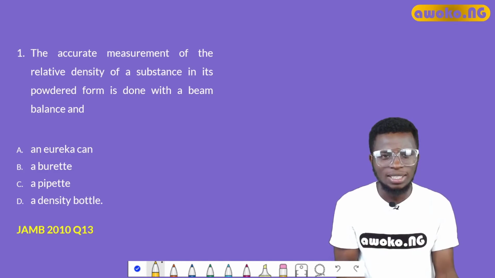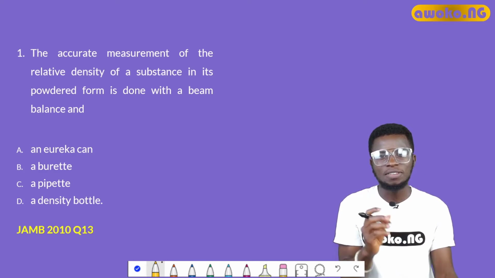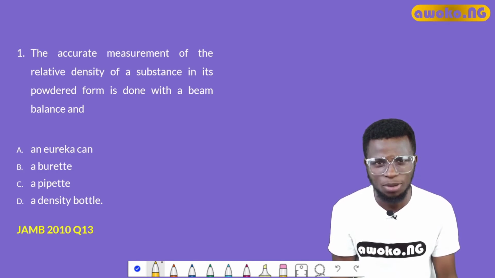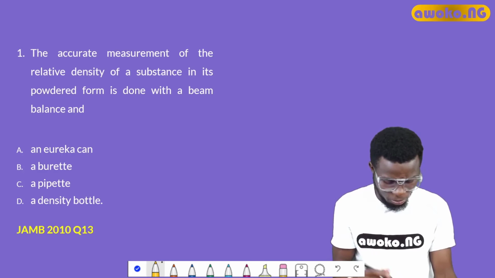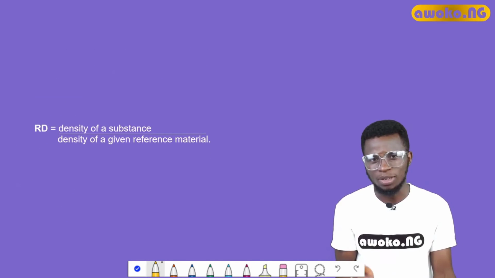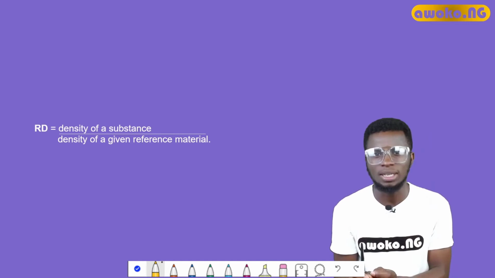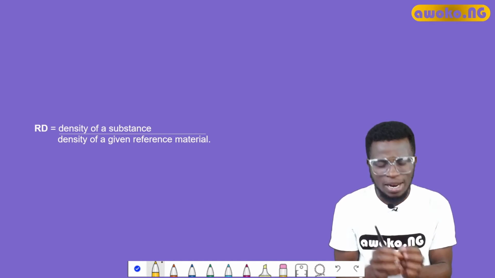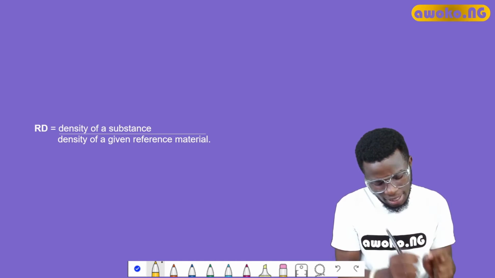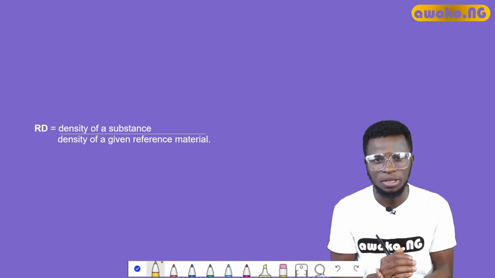What is the correct answer? You can't answer this question without understanding what relative density is. It is not possible. So this brings us to what relative density is all about. Relative density is the density of a substance relative to the density of a given reference material.